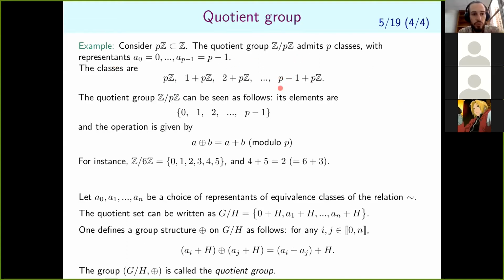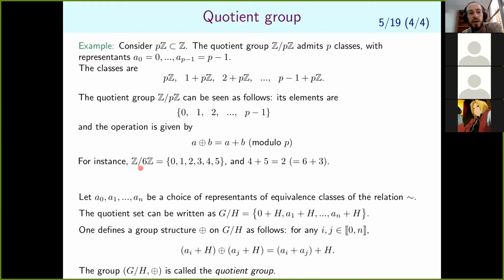And to see it more simply, we can see Z over pZ as this set. I simply take the representative of each equivalence class. And now, the group operation on this set is simply the sum modulo p.